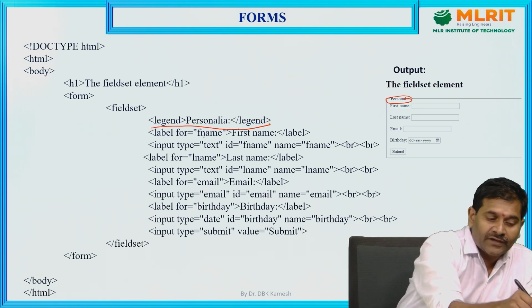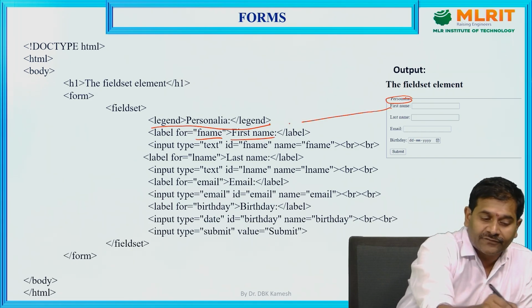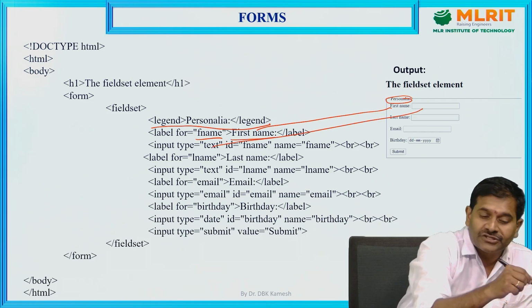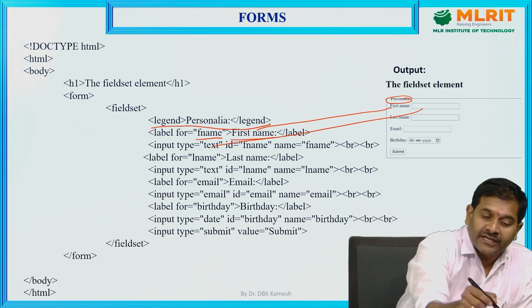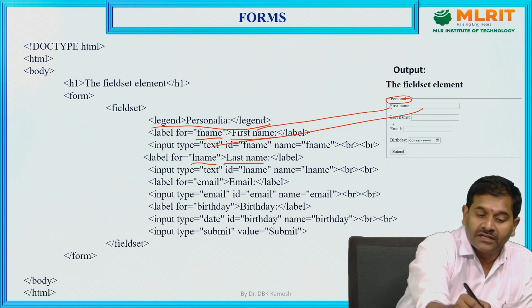Label for fname, first name, so it shows first name, the ID is first name, the type is text, and the name is fname. The second one is label for lname, last name, right? Last name like this, and this is also text.